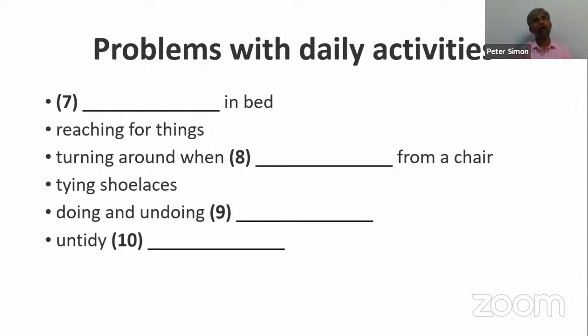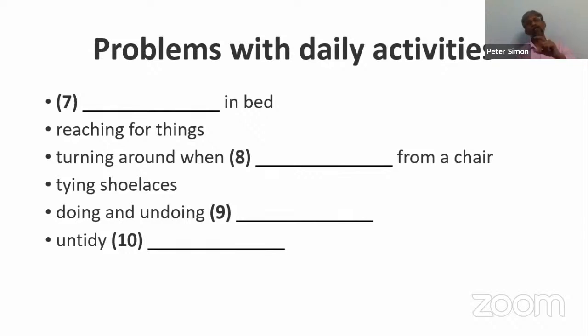Okay. Then the next one, turning around when dash from a chair. I already gave you three points. Doing and undoing something. What, doing? Doing something. Untidy. What? Again a noun. Okay.